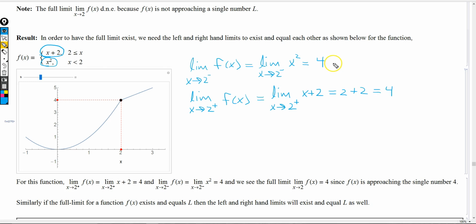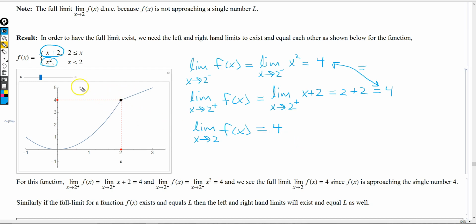So now we see that these two numbers, the left and right hand limits, are actually equal to each other. And so our full limit is going to be 4. So our full limit is equal to 4.